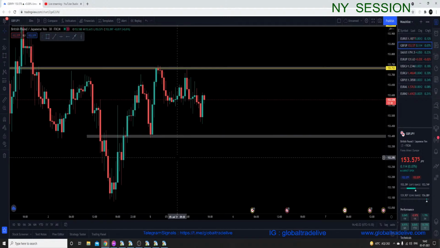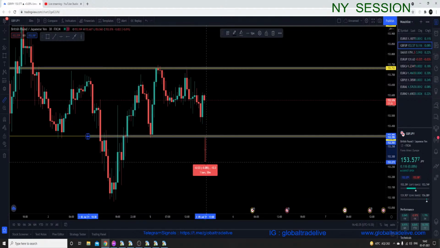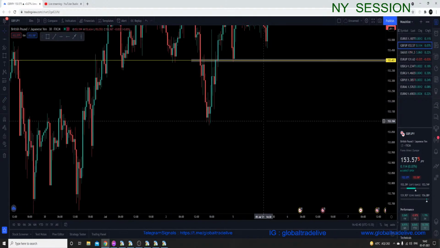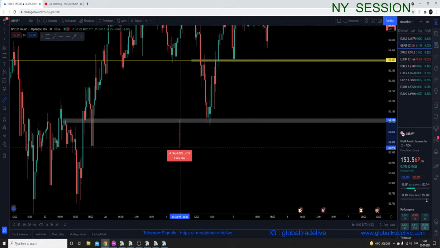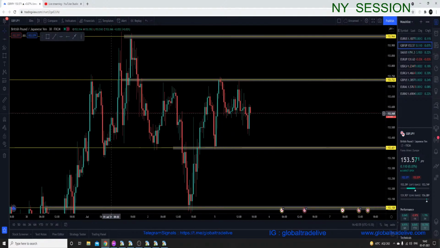Okay, so I think sells execution can be done below 153.401, but the thing is the range is not really good for sells here. And we can take sells also below 153.109. Let's just mark these levels and wait to see where the market will be going.